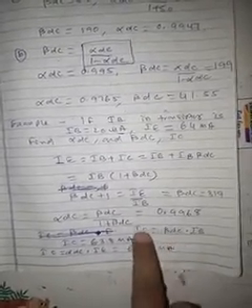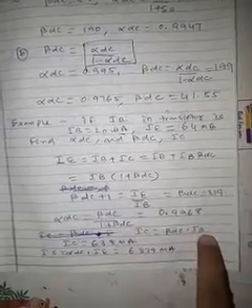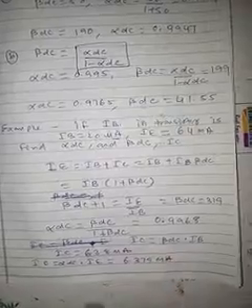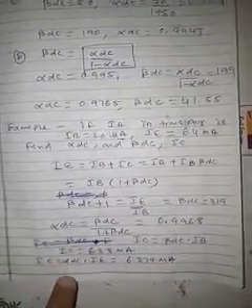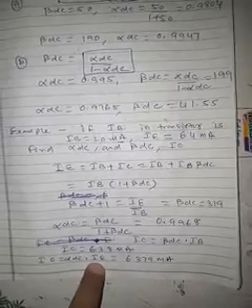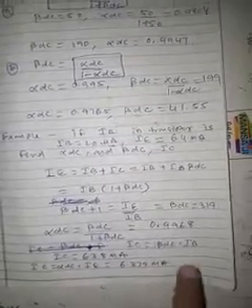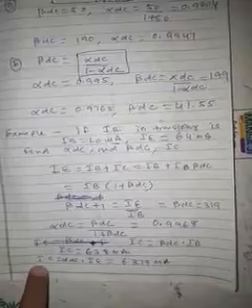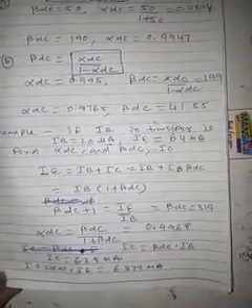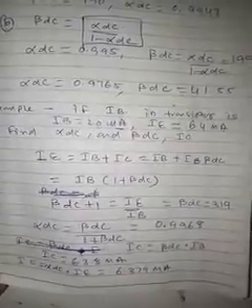One is IC equal to beta DC into IB, where we get IC. And the second way, you can find IC by alpha DC into IE. By putting IE and alpha DC here, you will find the collector current IC. Okay, so this is the solution for the second example.